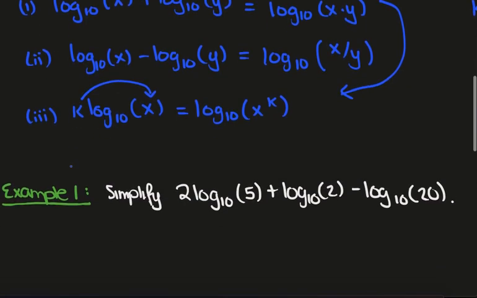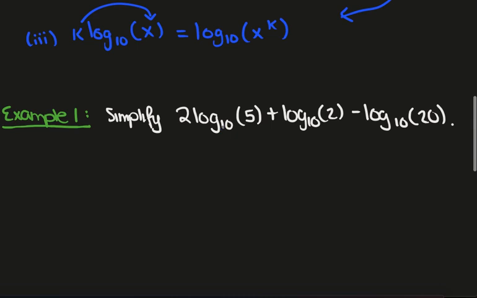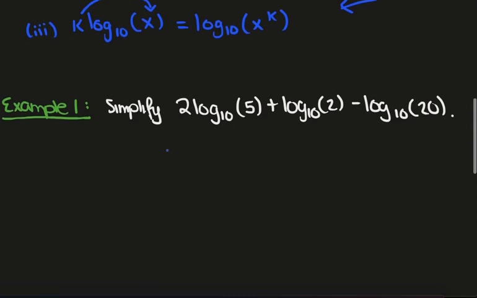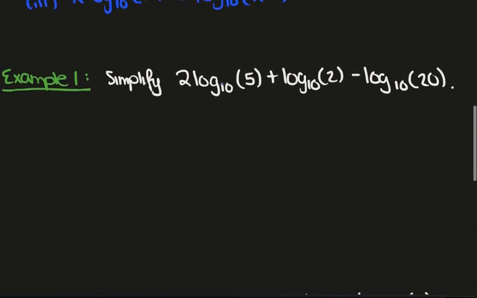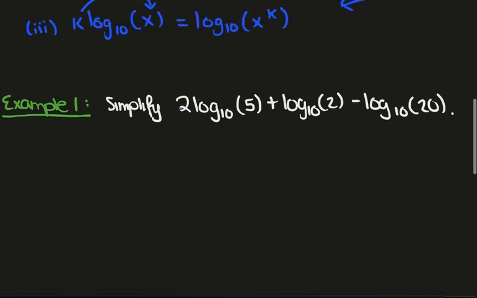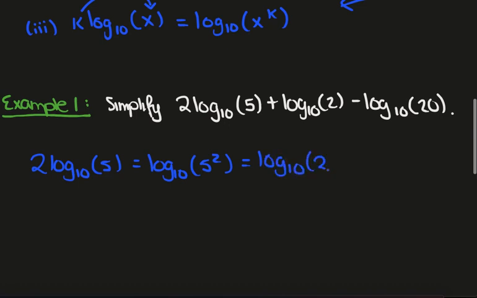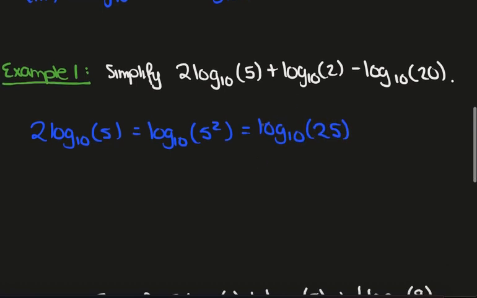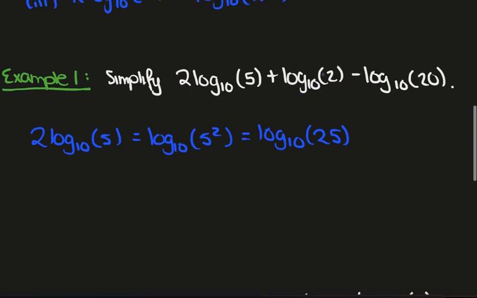Okay, so let's look at our first example. Simplify 2 times log 10 of 5 plus log 10 of 2 minus log 10 of 20. The last log law tells us that if we have a factor out the front, we can bring it up. So in fact, 2 log 10 5 is the same as log 10 of 5 squared, which is log 10 of 25. Now we have log 10 2, nothing happens there, minus log 10 20.